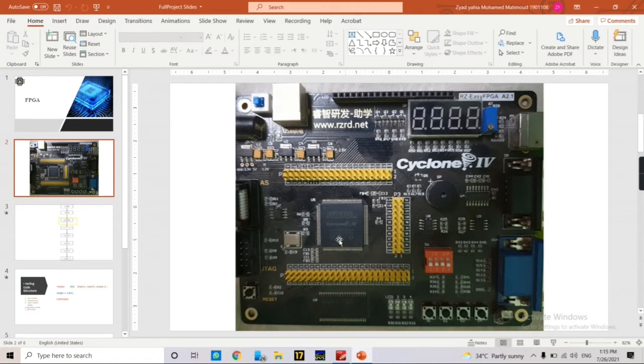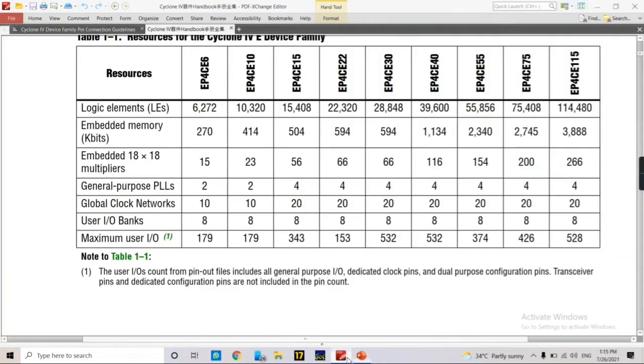Of course, the outer one is bigger, but the embedded memory in the chip is faster but smaller, while the outer is slower but bigger. This information about the embedded memory starts off at 200 kilobytes up to 3,000 kilobytes.